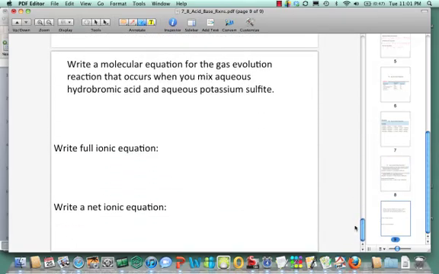Okay, let's write a molecular equation for the gas evolution reaction that occurs when you mix aqueous hydrobromic acid, so HBr, and aqueous potassium sulfite.